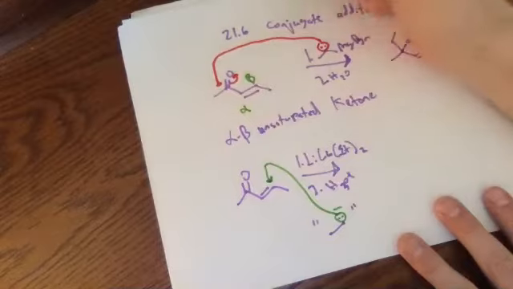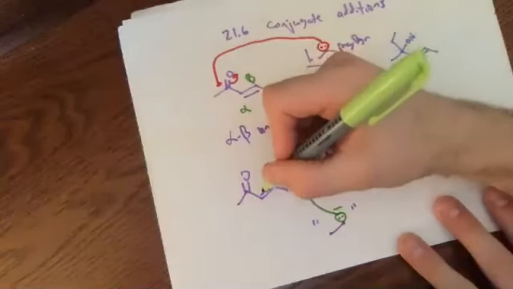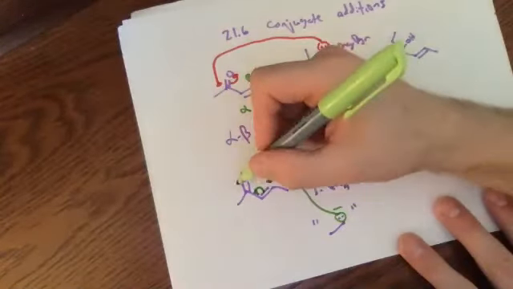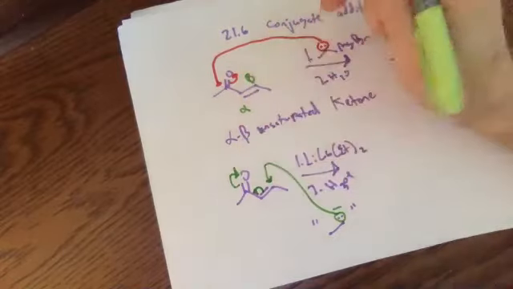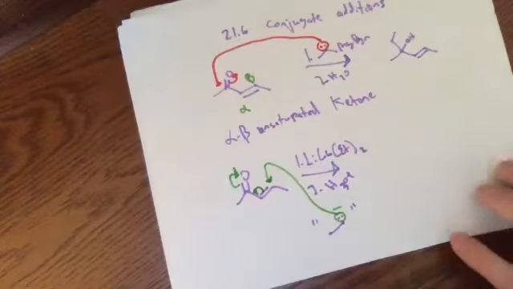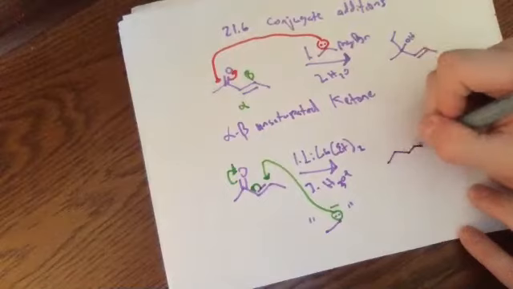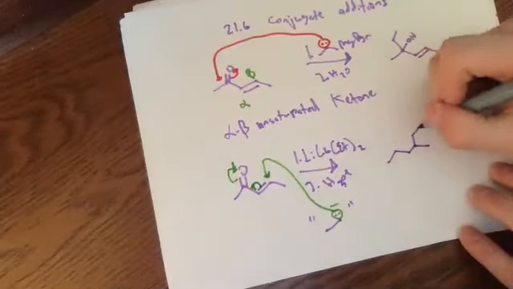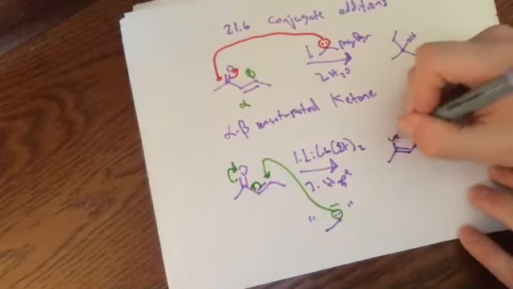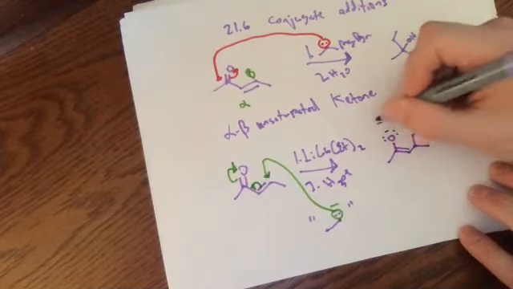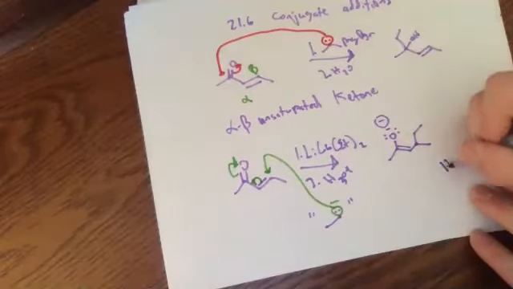We are going to do a 2-step version of this. So we'll kick the electrons over, and then we'll kick up to our carbonyl and make an enolate. We're going to add H3O+.